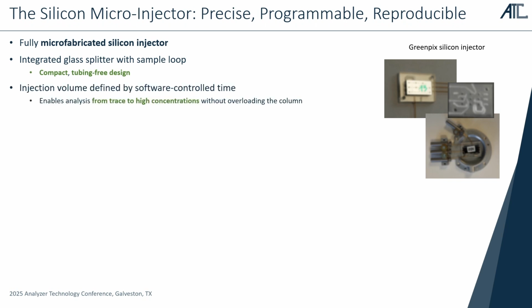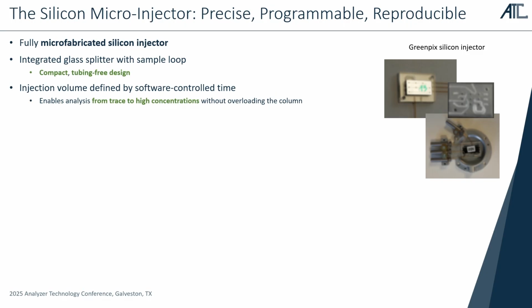Here, injection volume is defined by time. It's very important because you are able to precisely manage sample volume using software time instead of needing a hardware change that's usually required with traditional valves that use fixed sample loops.